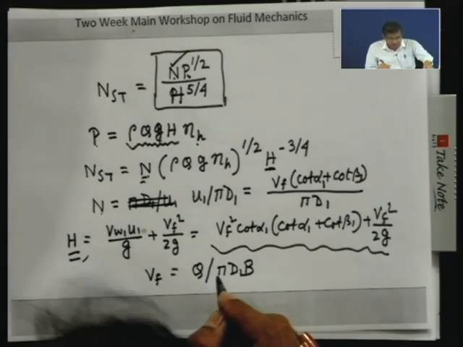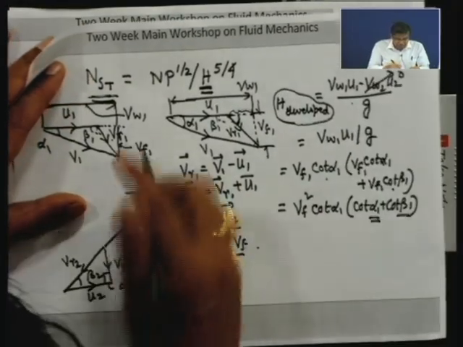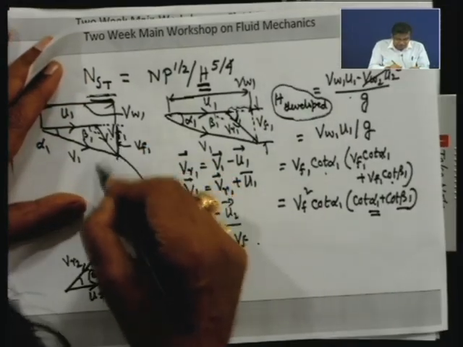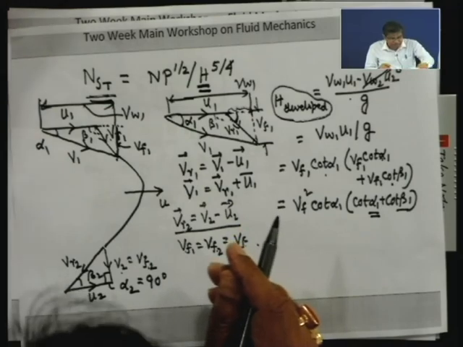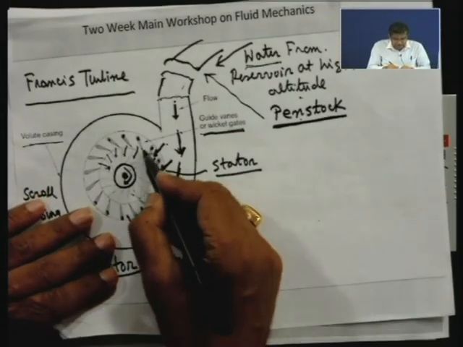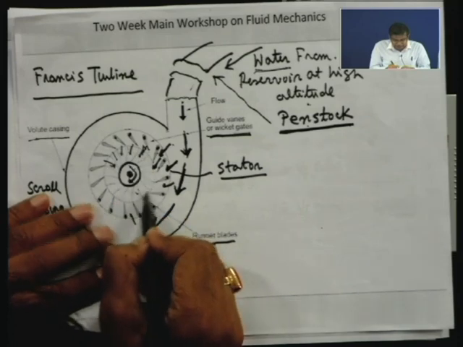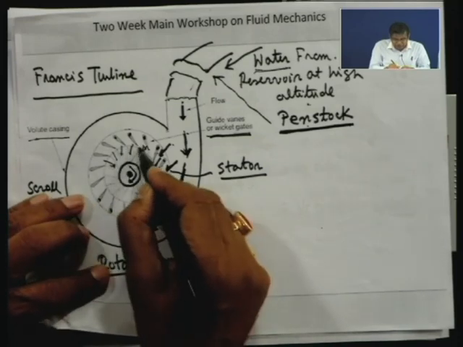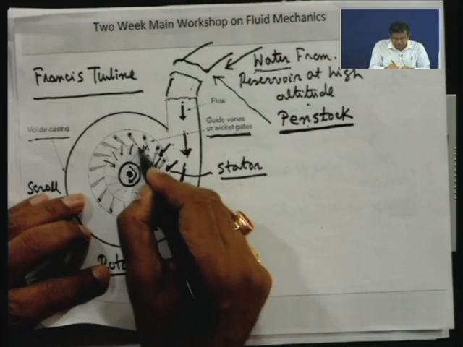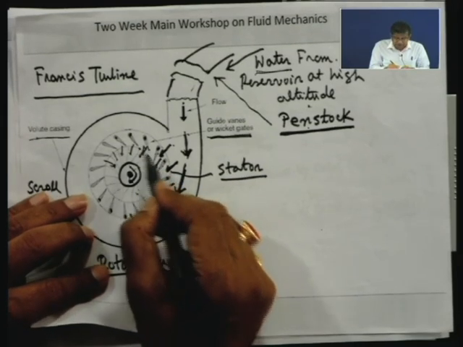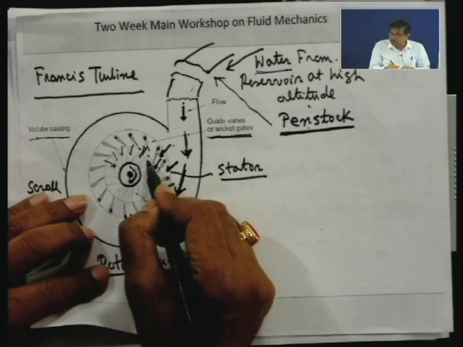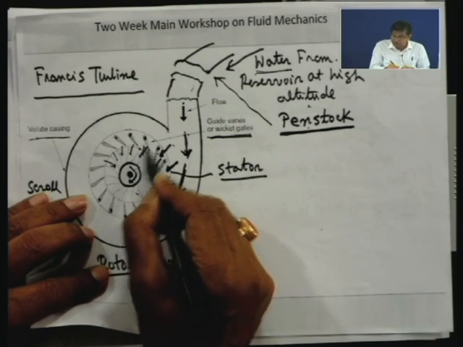This is the circumference, and the cross sectional area of the flow in the radial direction at the inlet is pi d1 into B. B is the width of the blade perpendicular to this plane, and this width depends upon the specific speed. Higher is the specific speed, that means lower is the head, more is the width, to have more cross sectional area to accommodate more flow.